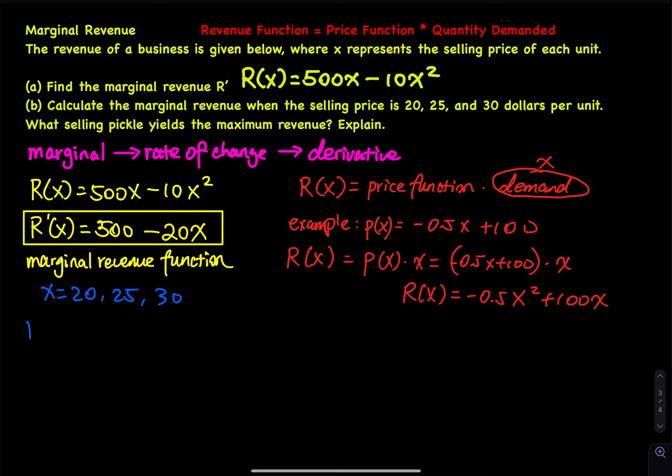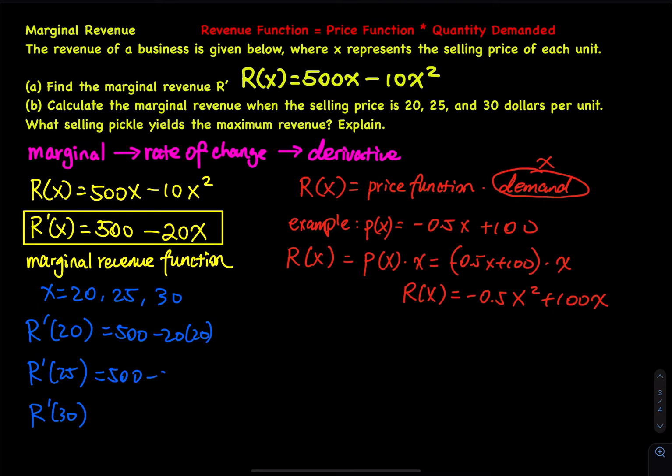So I need to calculate R prime of 20, R prime of 25, and R prime of 30. Easy, you just plug it into R prime, right? So you have 500 minus 20 times 20, and then 500 minus 20 times 25, and then 500 minus 20 times 30. So just do the math. The 20 gives you a 100.